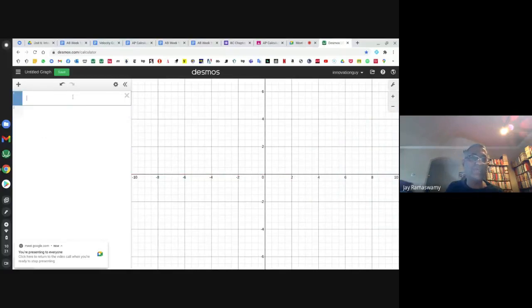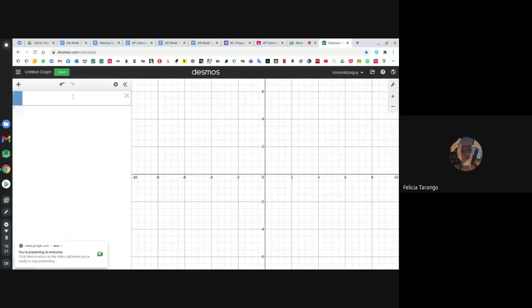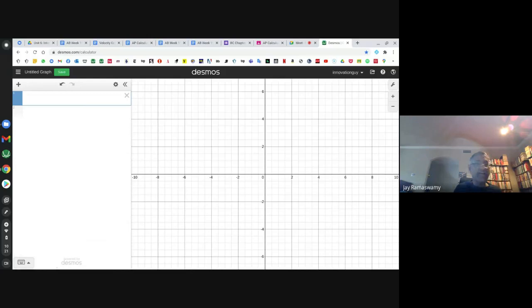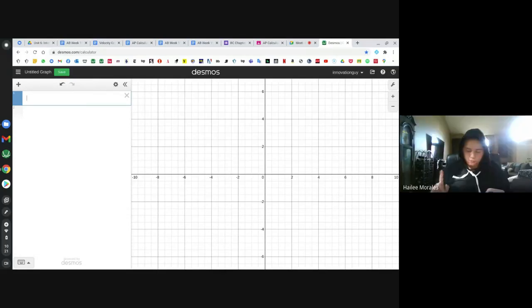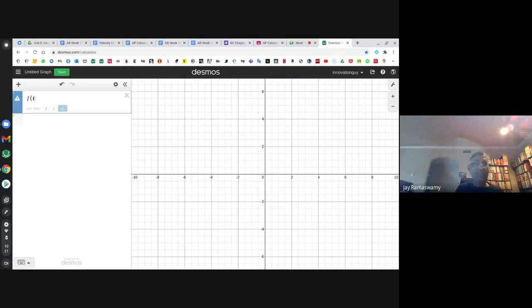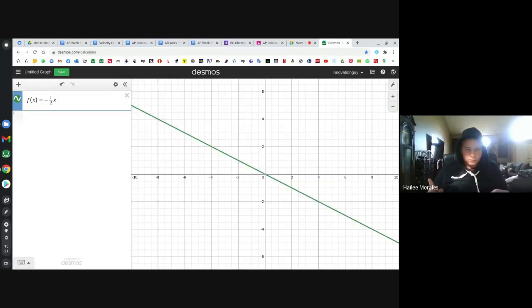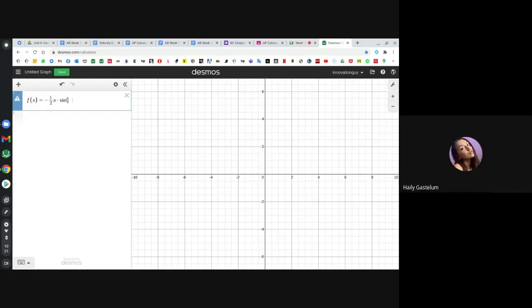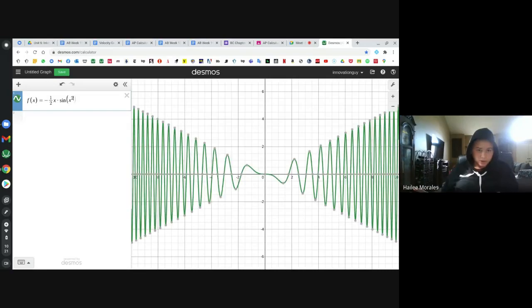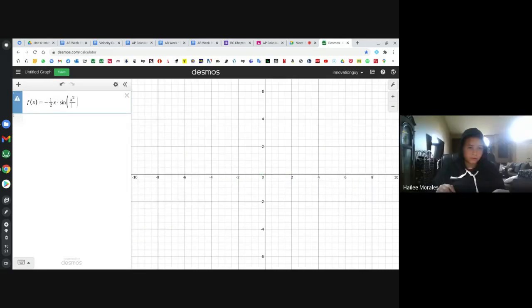I want some smart, good Samaritan to call out, what is f of t again? f of x equals negative 1/2 sine of x squared over 3.